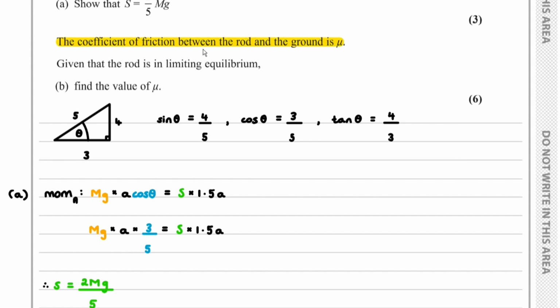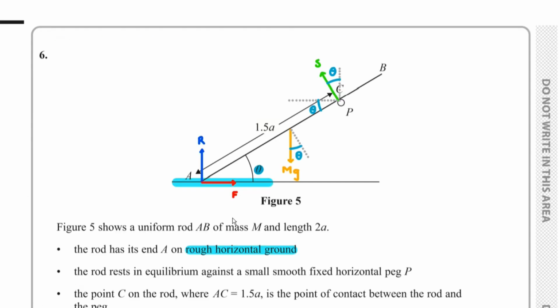The coefficient of friction between the rod and the ground is mu. Given that the rod is in limiting equilibrium, part B, find the value of mu. Well, going back to our diagram, what we can do is resolve horizontally and vertically.